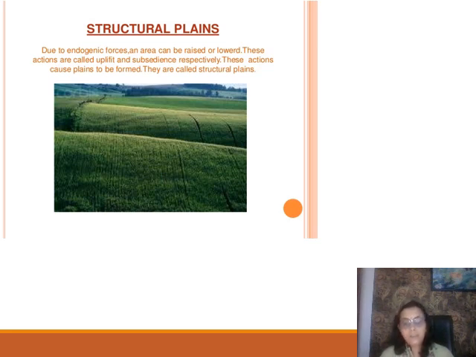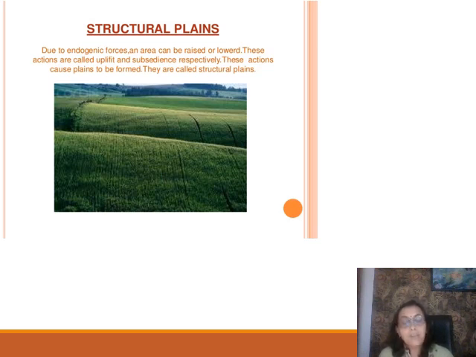All right. Children, we have three different types of plains: the structural plains, the erosional plains, and the depositional plains. The structural plains are formed mainly because of uplift or subsidence of land. As a result of the endogenic, diastrophic forces, a portion of the land may rise, or there may be submergence of coastal land under the seawater.